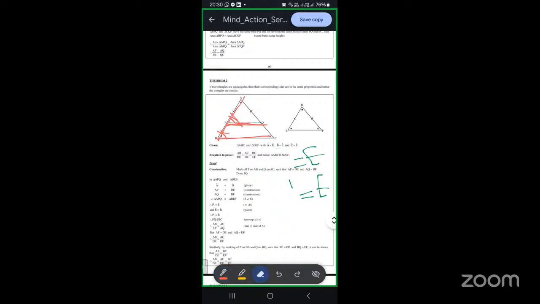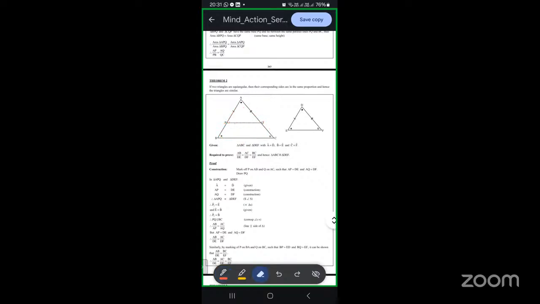If you are done proving that parallelism there, now you can see that the proportionality theorem applies, because this is our triangle, and there exists a line that is parallel to one side of the triangle.